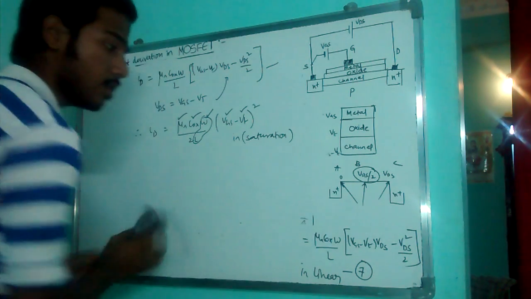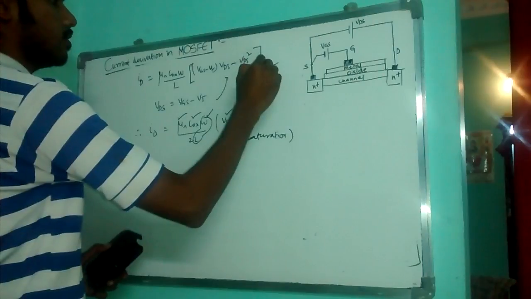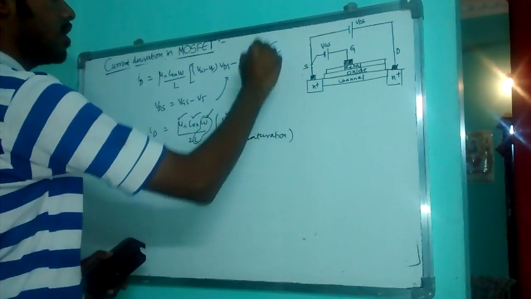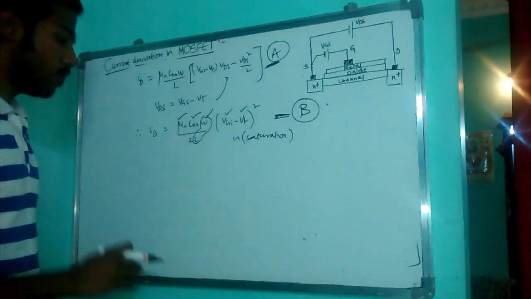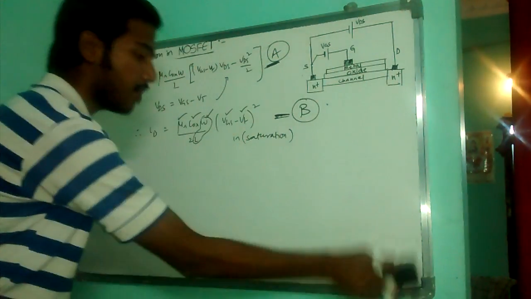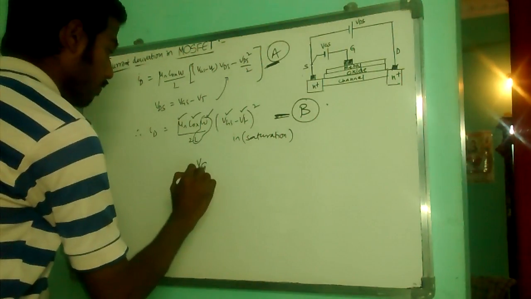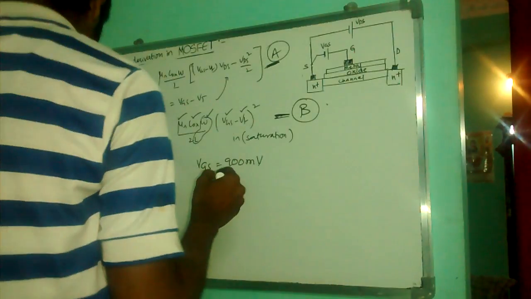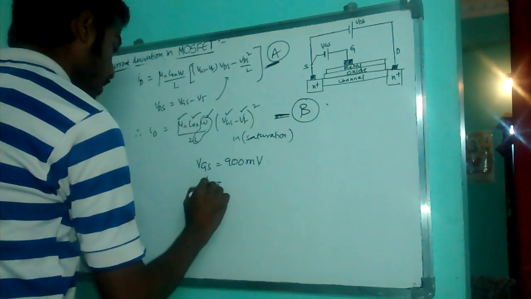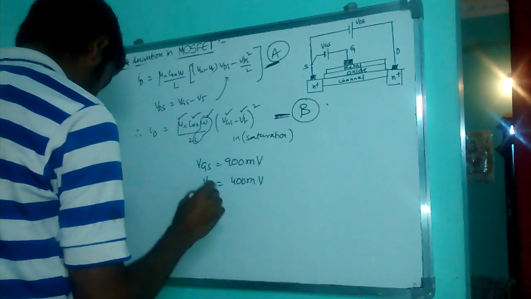I'm erasing this. This is equation A. This is equation B. Now consider they have given these parameters: VGS equal to 900 millivolt, VT equal to 400 millivolt.